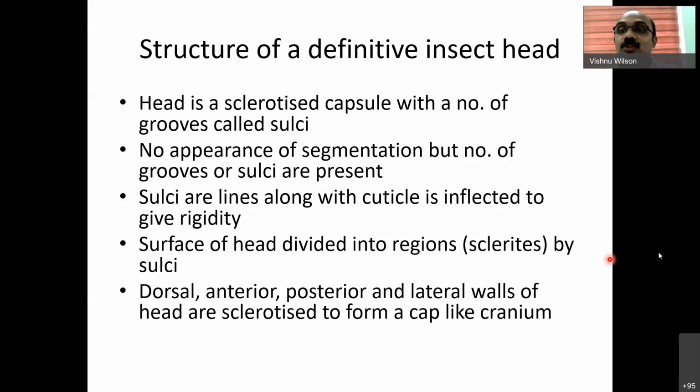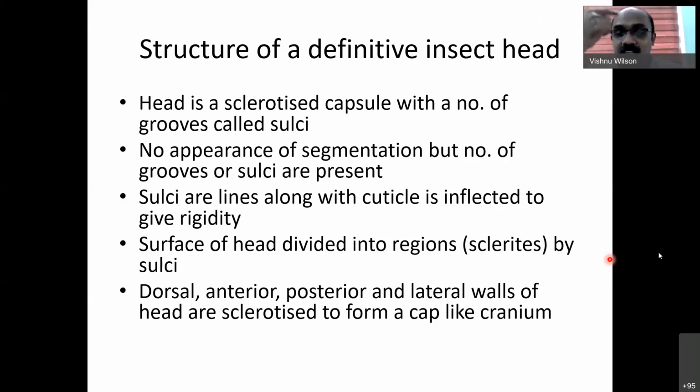So, though there are 6 segments, you cannot see the segmentation in the insect head because all the segments are fused together into a single sclerotized capsule. And the cuticle, I told you, is inflected to give rigidity because of the presence of these grooves.